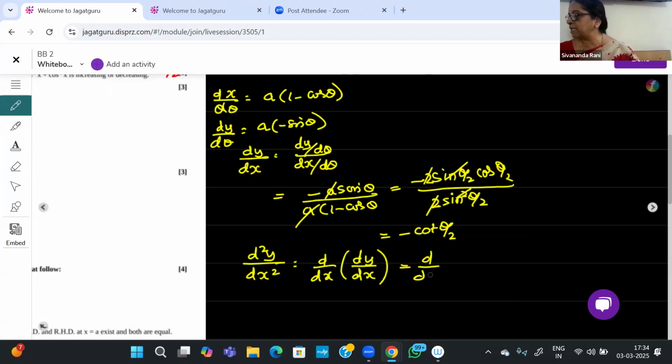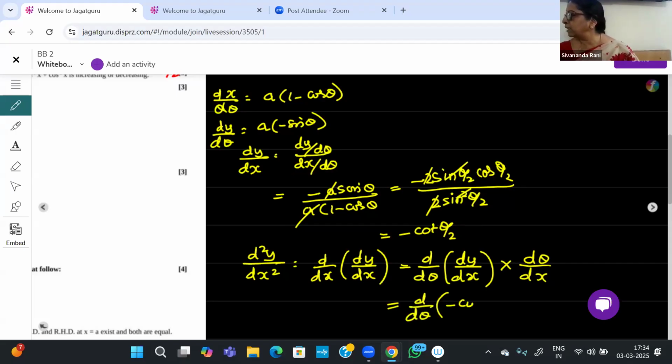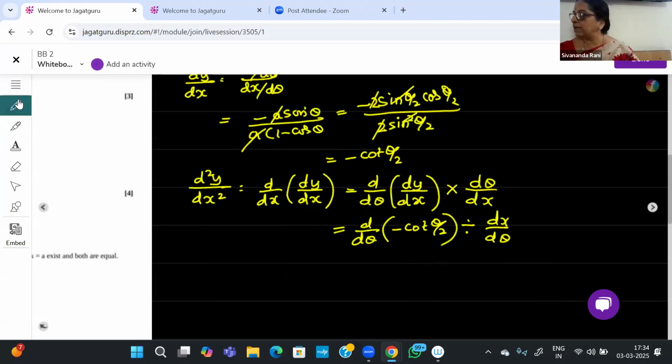But that can be treated as d by d theta of dy by dx into d theta by dx. So that is nothing but d by d theta of minus cot theta by 2, divided by dx by d theta. Both are equivalent.